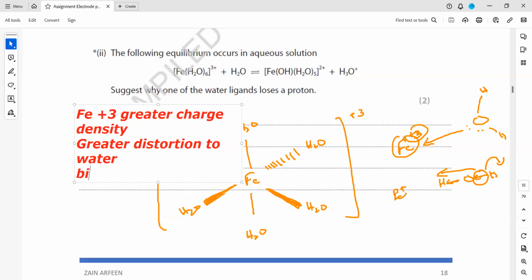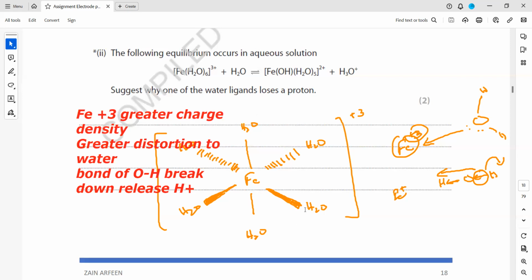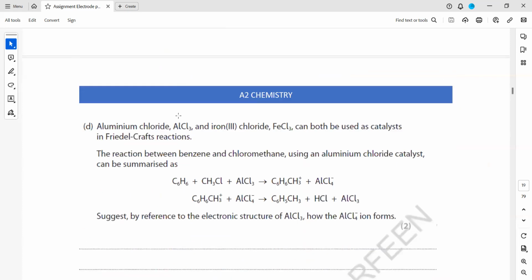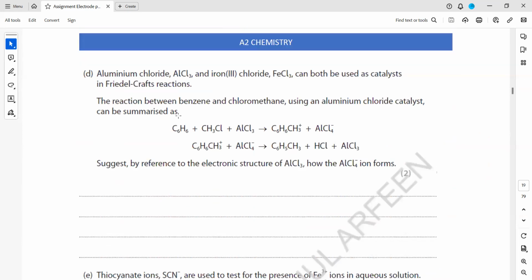As a result, the bond becomes weaker, and it releases H plus, or you can also say a proton. So the distortion to the bond causes the bond to break easily, and that is responsible for releasing a proton and making the solution acidic. That's why iron 3 salt solutions are usually acidic.